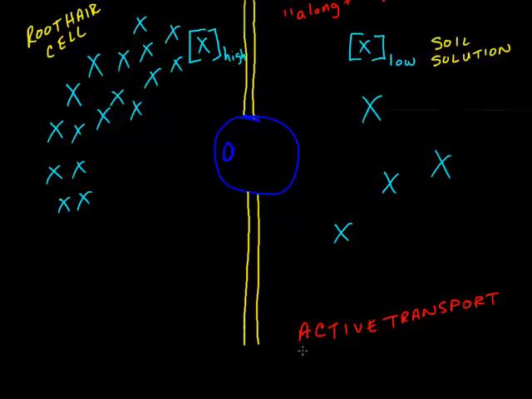Active transport can occur, it doesn't necessarily have to be, but it can and often is, against the gradient. Or we can kind of think of it as against gravity. And instead of calling this an ion channel or a protein channel, I'm going to call this a pump.